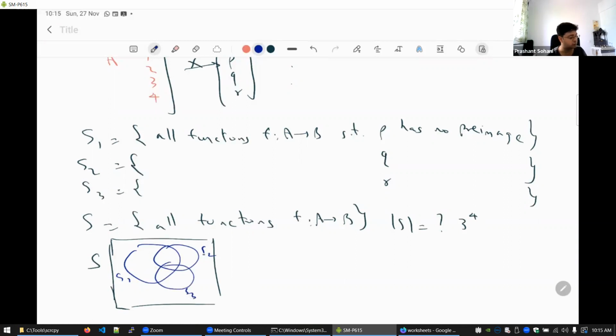And we are interested in counting the onto functions. Onto means that in fact the reverse of each condition has to be true, right? So we want a function where P also has a pre-image, Q also, and R also. So which region in our diagram do we want to count for onto functions?